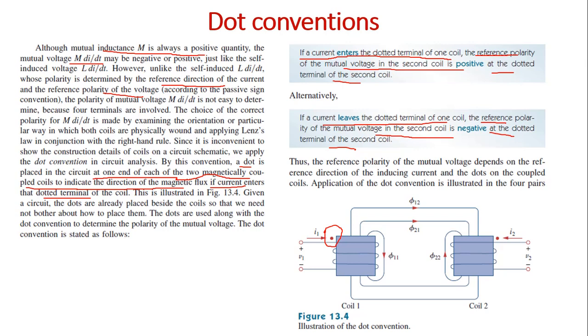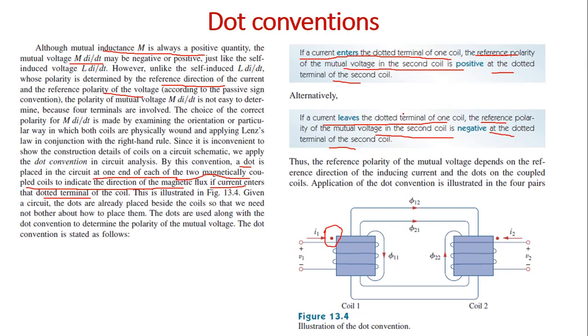So, we have coil 1, coil 2. In coil 1, the current leaves the dotted terminal. That is, wherever the dot is placed, from there the current is leaving. If that happens, then in coil 2, wherever the dot is placed in the second coil, that terminal is negative. Okay, so these are the two rules.